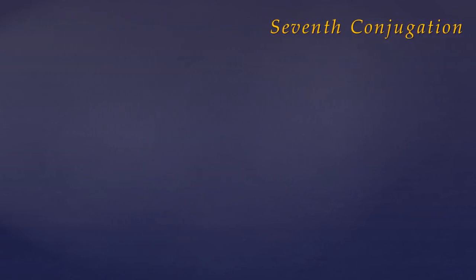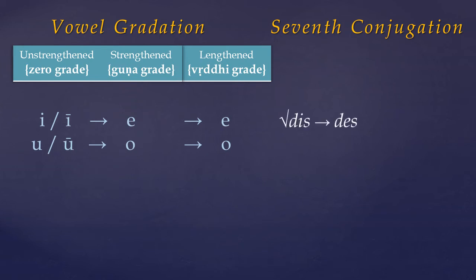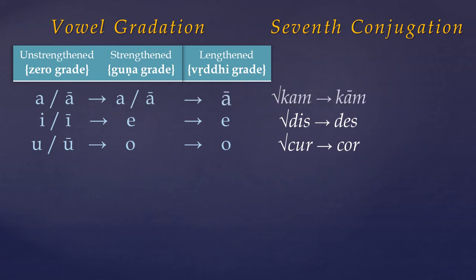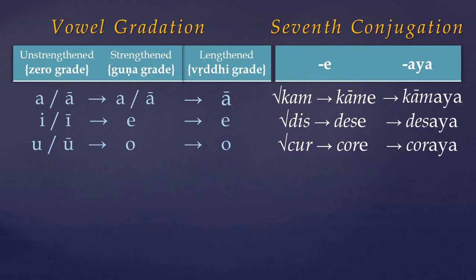So, like the first conjugation, if you want to form a present stem from a root which belongs to the 7th conjugation class, first you strengthen the root vowel, which means that I and U are strengthened to E and O. However, unlike the first conjugation, verbal roots which contain the vowel A are often lengthened to a long A. And once we've strengthened the radical vowel, then one of 2 suffixes is added, either A or aya, and those in A are far more common.